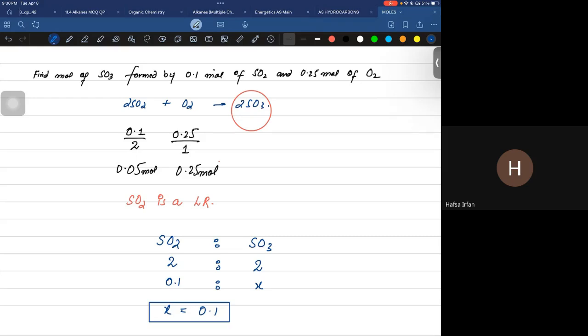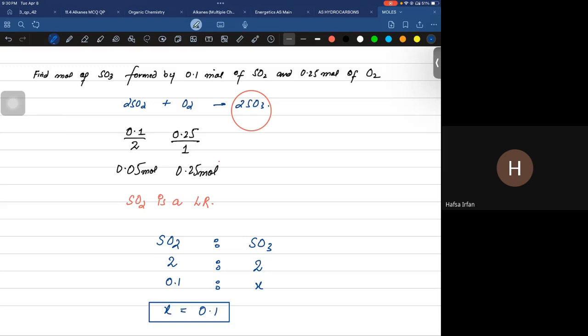So you have to first find out the moles of each reactant, then find out the limiting reactant. After doing all this, you are supposed to find out the mass or anything of the product side. So it's the concept of limiting reactant and excess reactant.